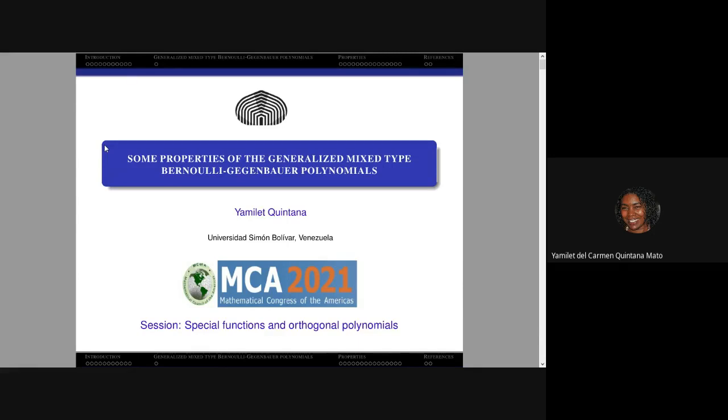Bernoulli and Gegenbauer polynomials are among classical families of algebraic polynomials whose history goes back centuries. Each one of these polynomials, as well as their natural generalization, has shown to be useful in several disciplines.